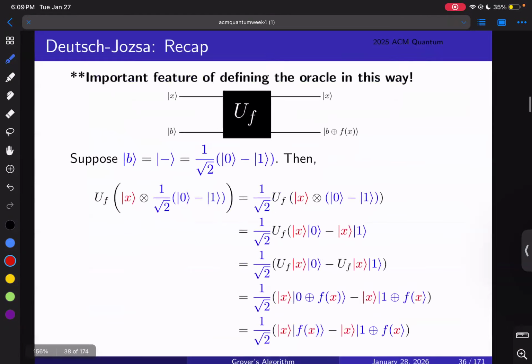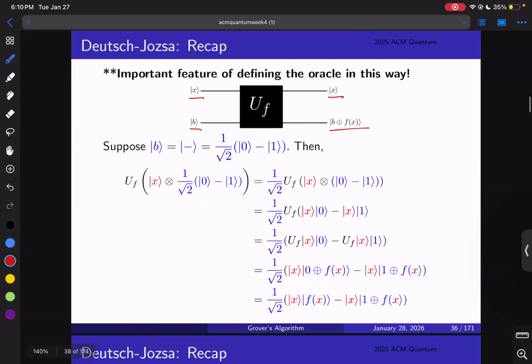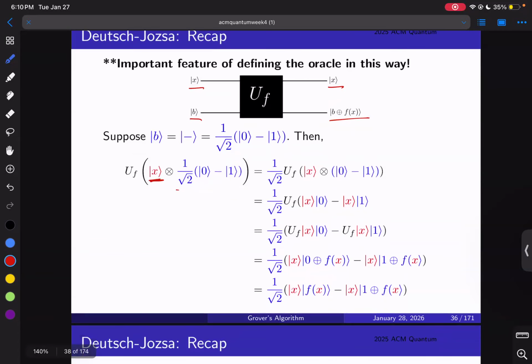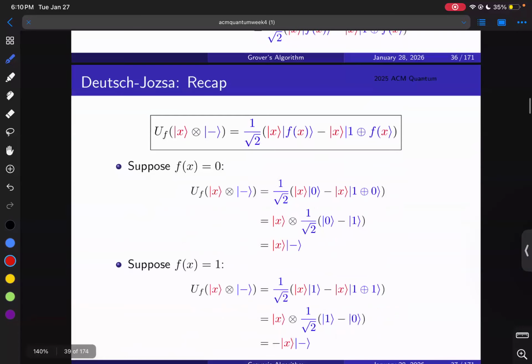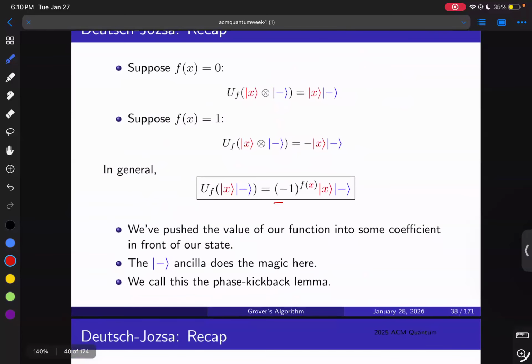So phase kickback is basically when you input, I'm going to skip the derivation, but based on how we define the oracle, X and B passed into the oracle results in X, and then B XOR f of X. If you set the B register to the minus state, then you apply U_f on some arbitrary X and then the minus state, what you'll get is (-1)^f(x), and then that same state back.